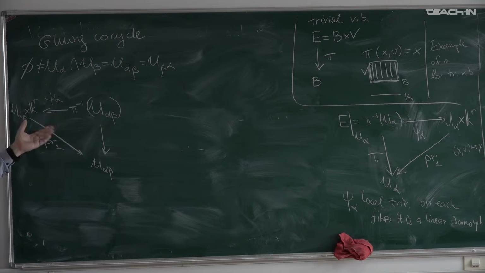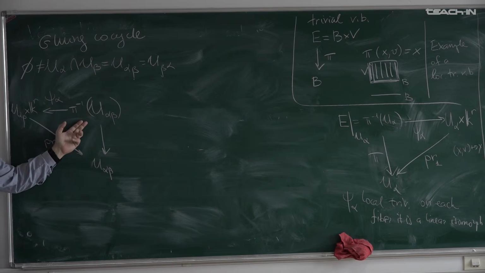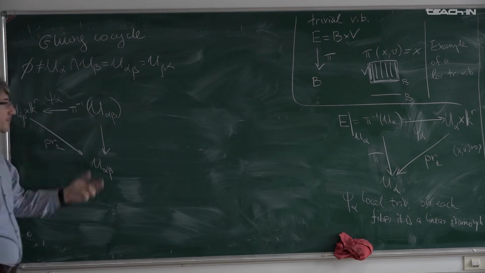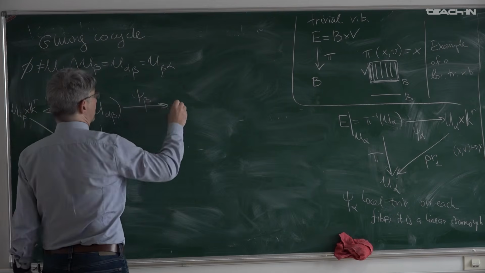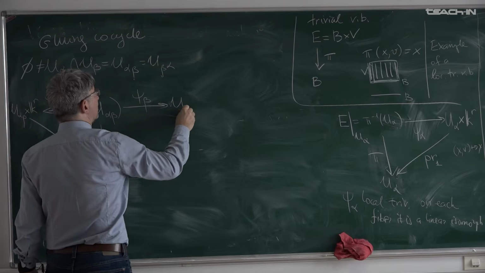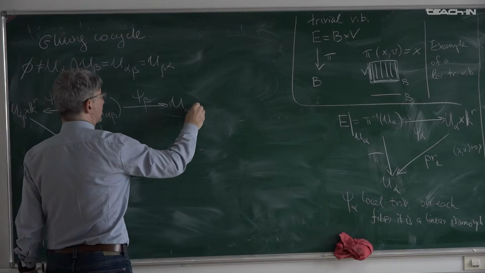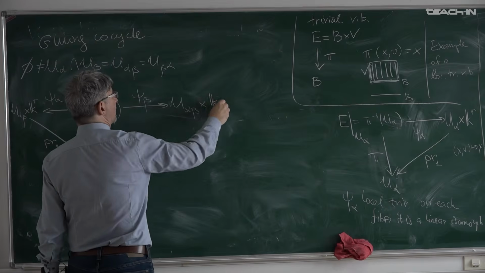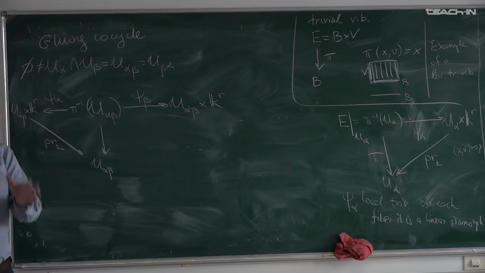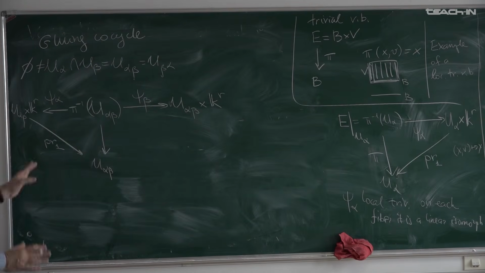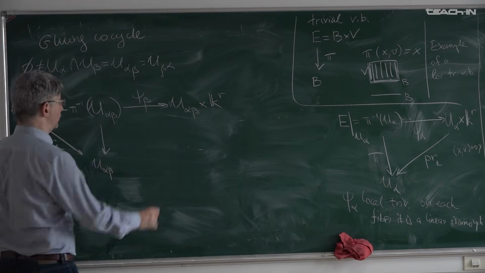No problem. But since this is also a part of U beta, you can trivialize this part of the total space in another way. You can apply here psi beta and obtain another representation of this thing as a direct product. Both of these representations preserve projections, they preserve linear structure. So everything here is fiber-wise isomorphisms.